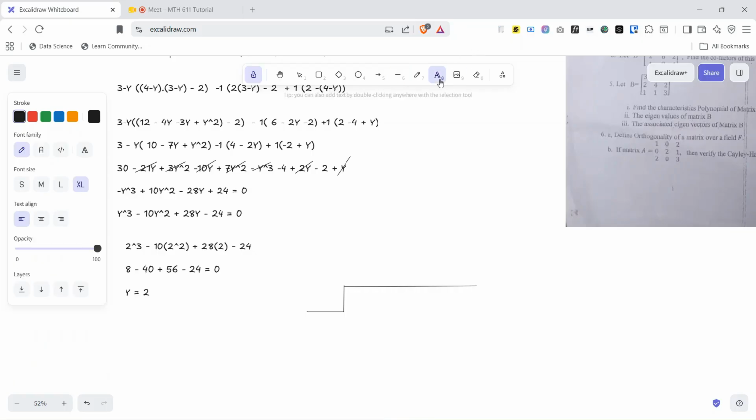So now our division will be something like this.